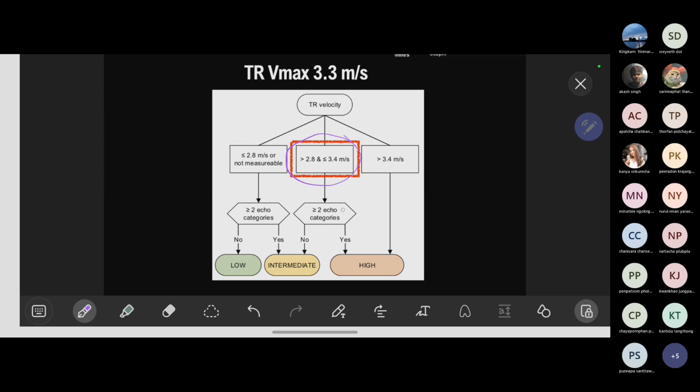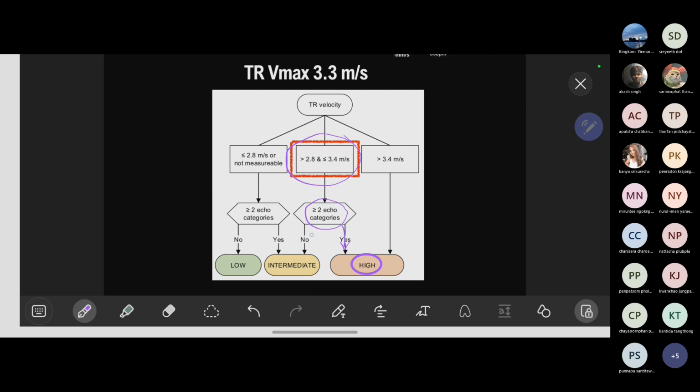After that, if they have two categories, the probability of pulmonary hypertension should be in this group, right?